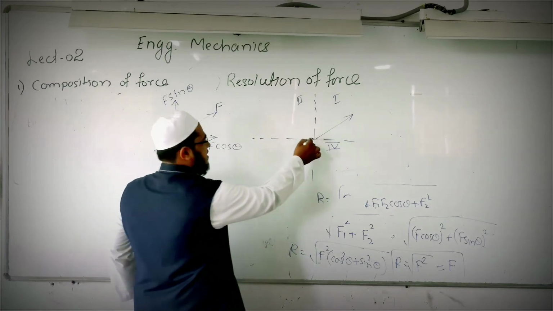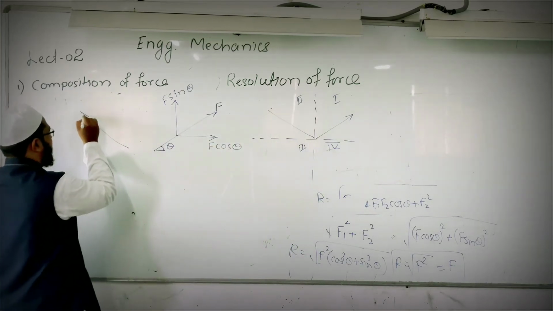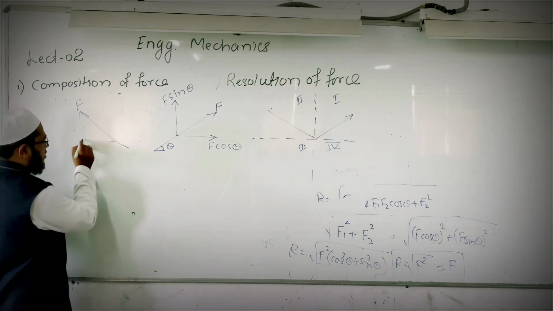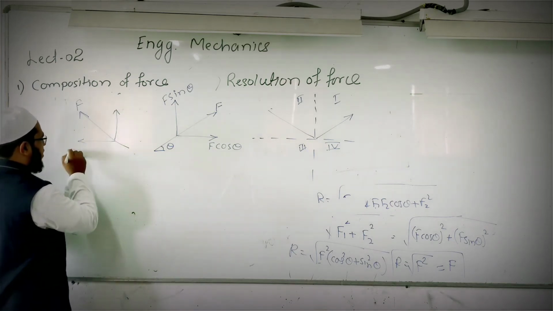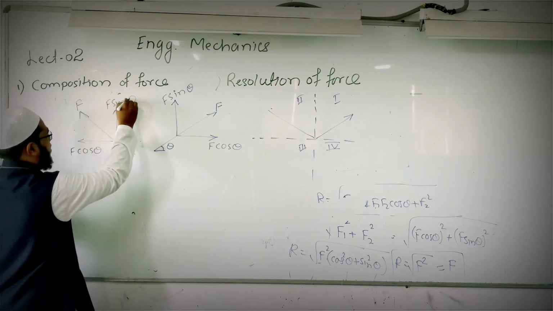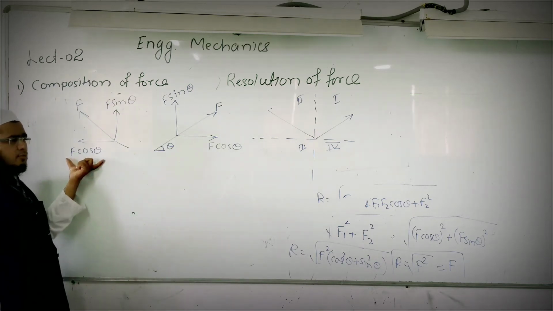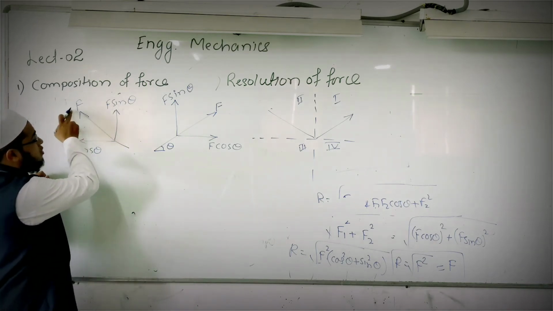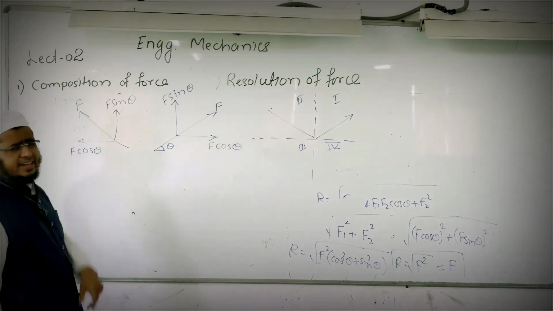If it is in the second quadrant, if the force F is acting like this, then the horizontal component will be leftward. The magnitude will be the same, F cos theta, F sin theta, but the direction in this case is leftward, and the vertical is upward, because this force F is acting in the second quadrant.